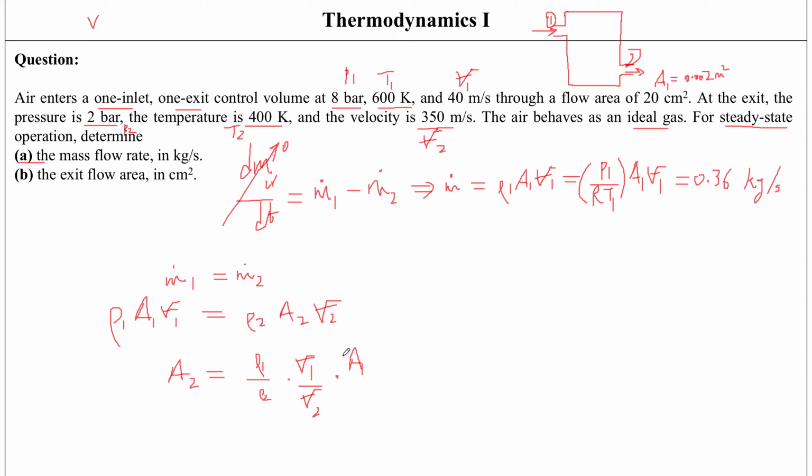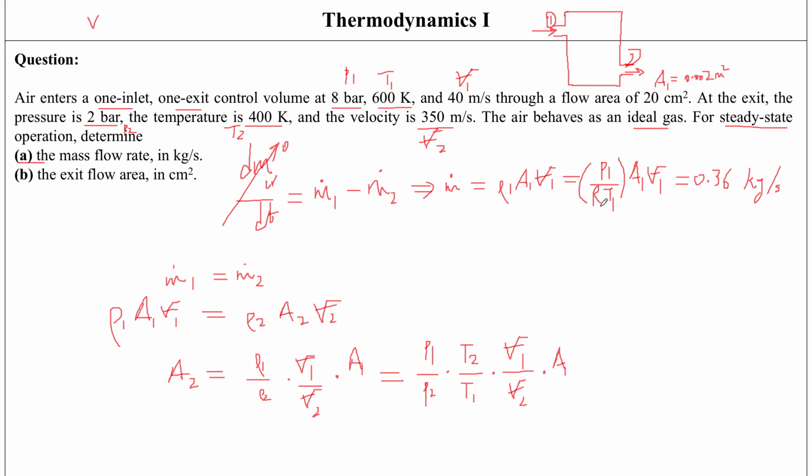Yeah. So let me just write this then. That it's going to be equal to P1 divided by P2, which are pressures, and then you're going to have T2 divided by T1 into velocities, V1 divided by V2 into area 1.